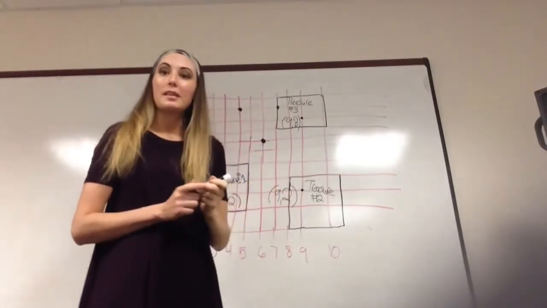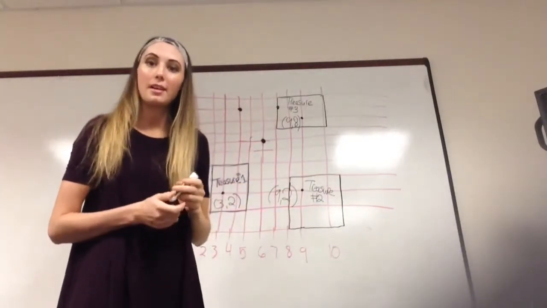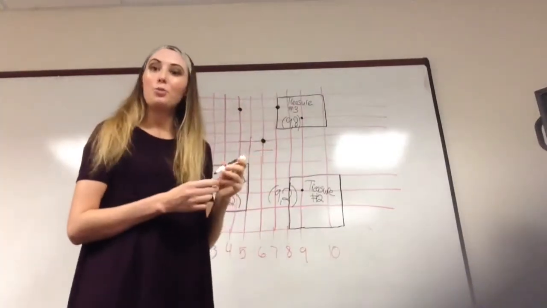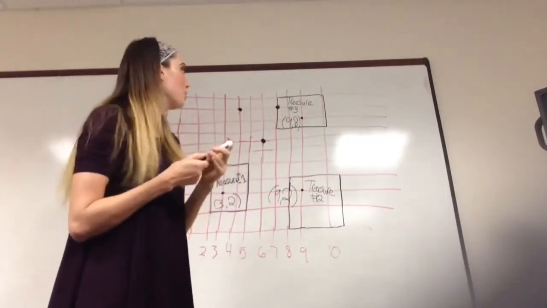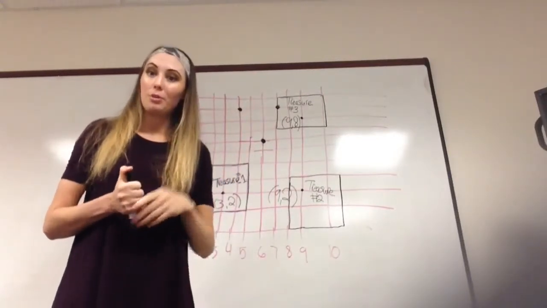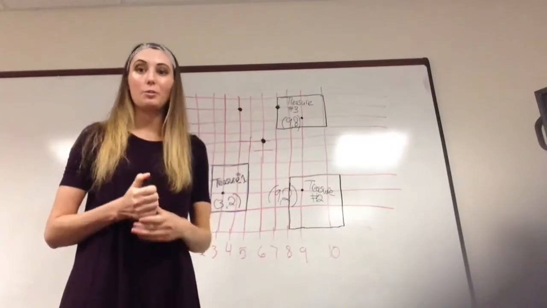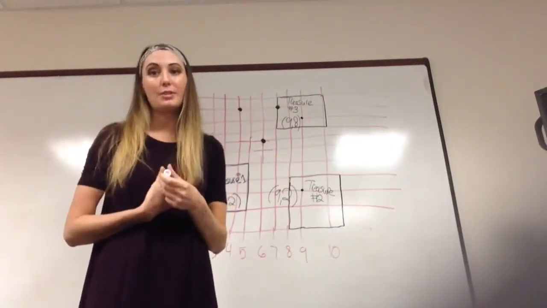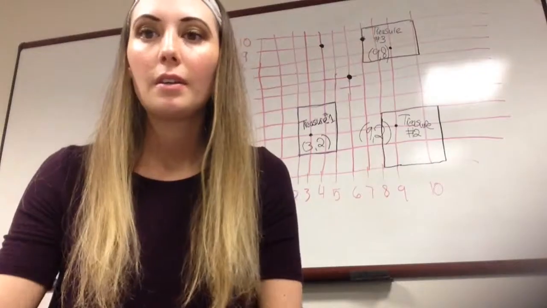So if your partner says, hey, do you have treasure on 7, 9? And they hit the box, then you will say, yes, that is my treasure number 3, and then your partner will get a point for finding your treasure. The person who finds all of the treasure first wins the game.